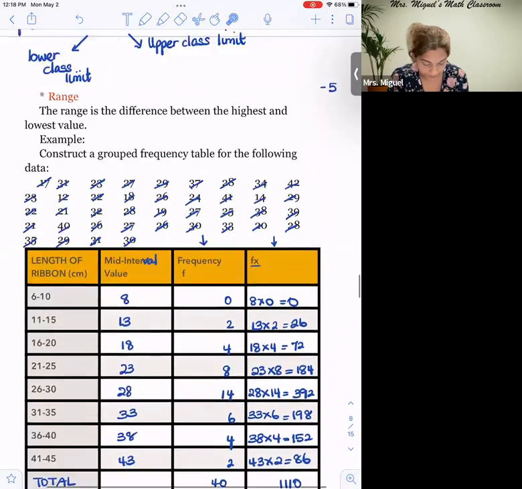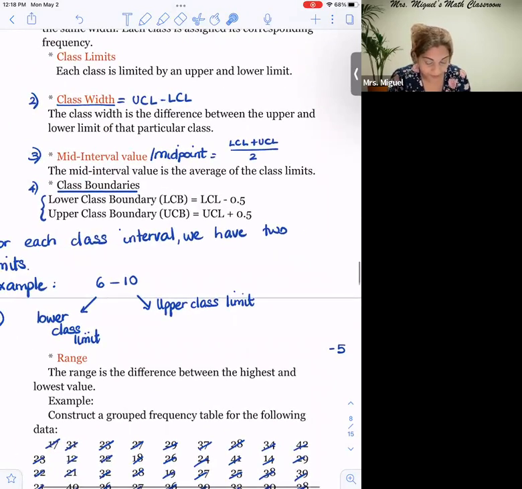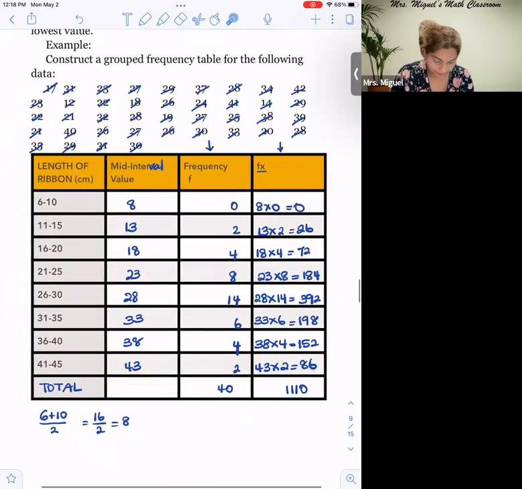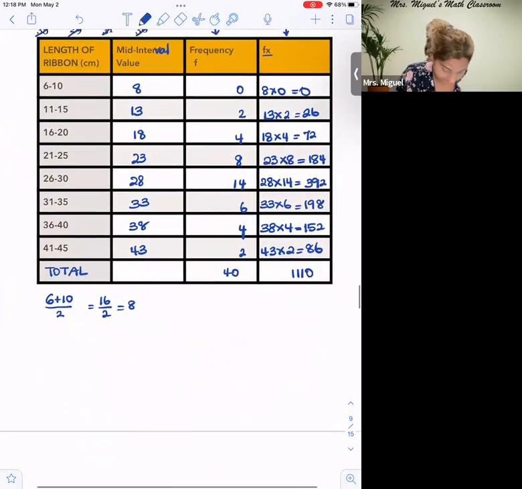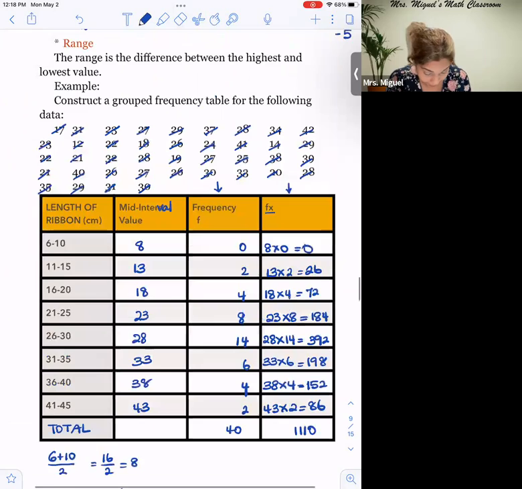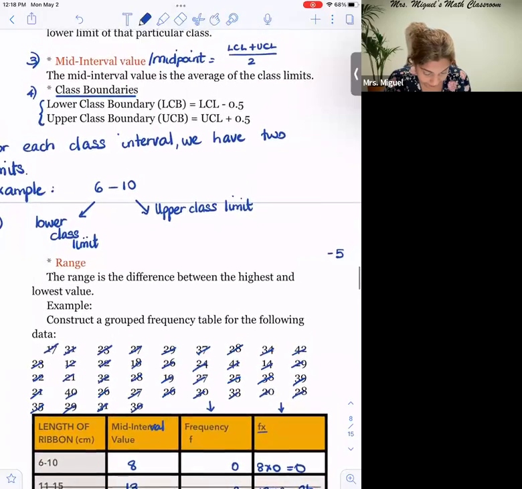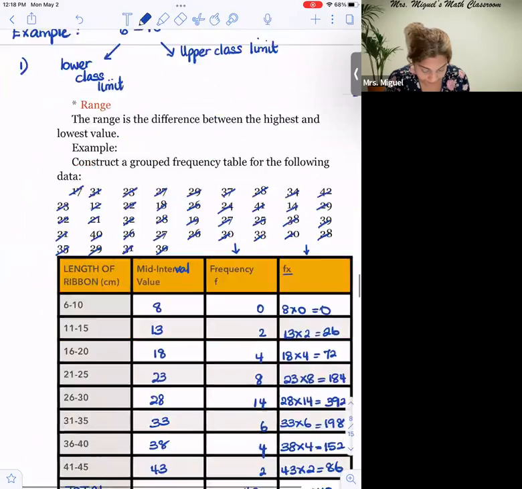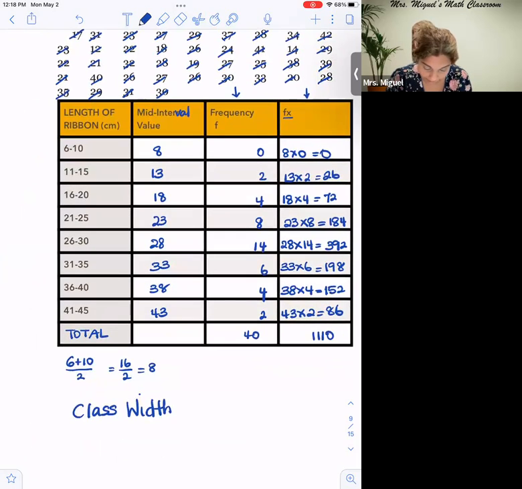So we're going again. We want to find the class width. So let's find the class width. I have the upper limit of a particular class, 10 minus 6 is 4.